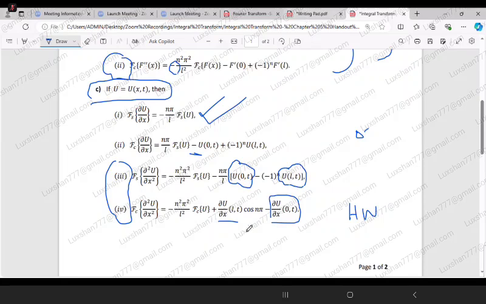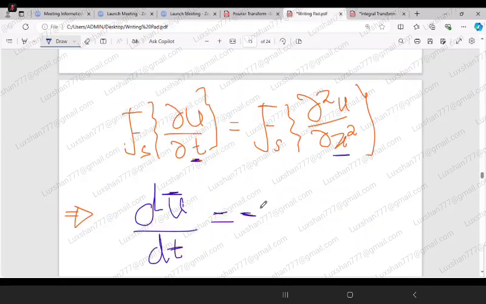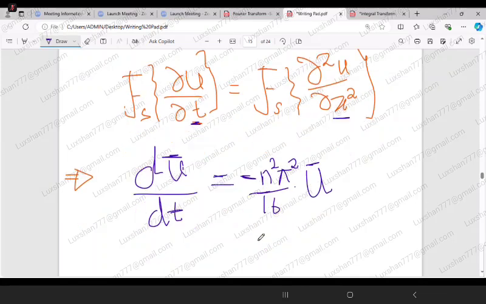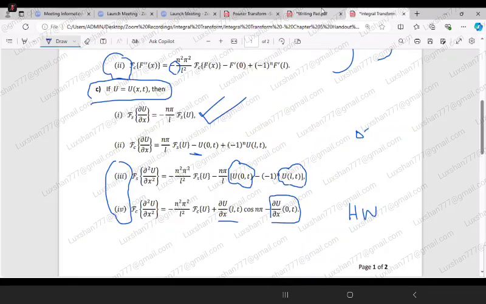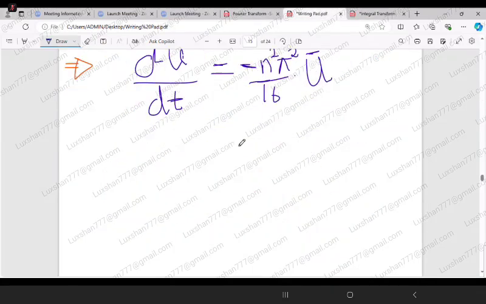Your L here is 4, so I will get minus n²π²/16 times ū, minus nπ times the boundary term. Please check these things. Okay, I'm sorry.